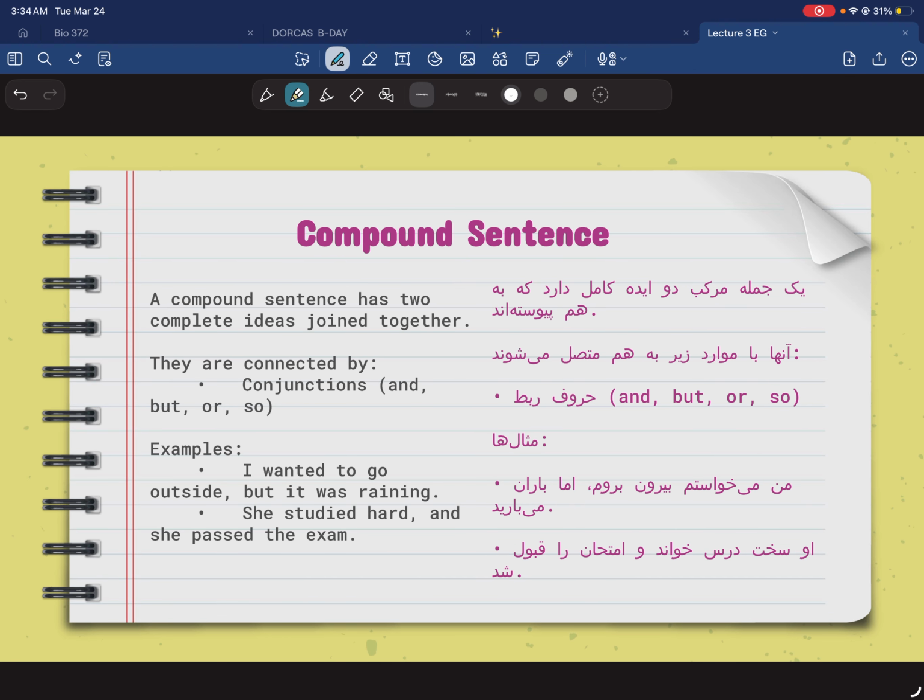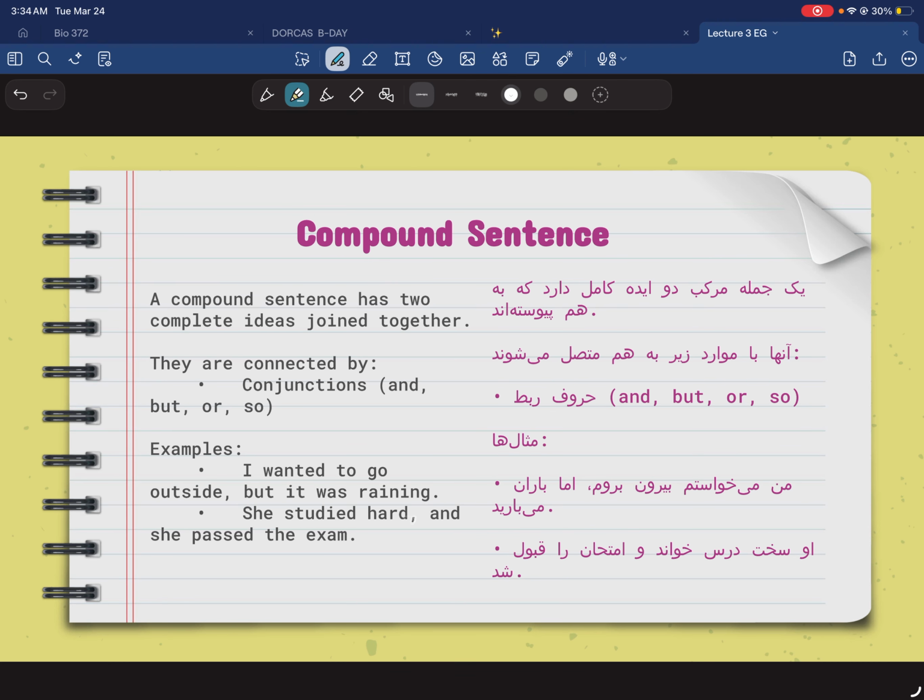But it was raining. Another example is going to be something like, she studied hard and passed the exam. So you could put a period over here and just be like, she studied hard. She passed the exam. But when you connect the ideas with a conjunction, she studied hard and she passed the exam, it becomes a compound sentence, and it allows you to join two complete ideas together in one sentence. And it helps bring the story. It helps us create a more complete story when we write a sentence.